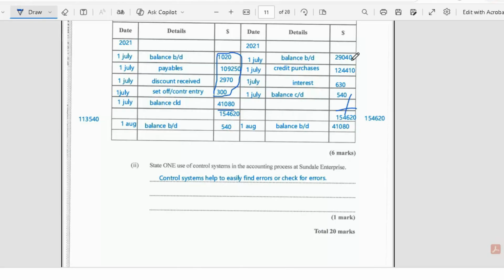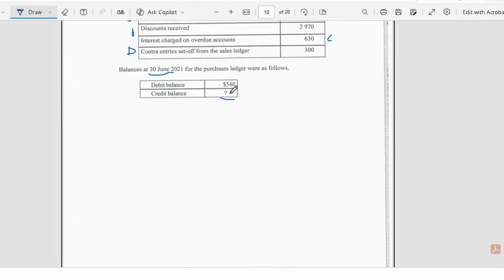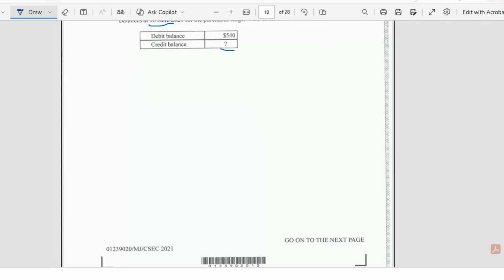You total that side, which is the debit side, to give you 154,620, and then you minus what is up here in these four totals from it to give you what your balance would be on the debit side, which would be brought over to be on your credit side. Now, remember that we were not sure about what this total should have been. So that is why we had to work it like that. Alright, so I hope you understand.